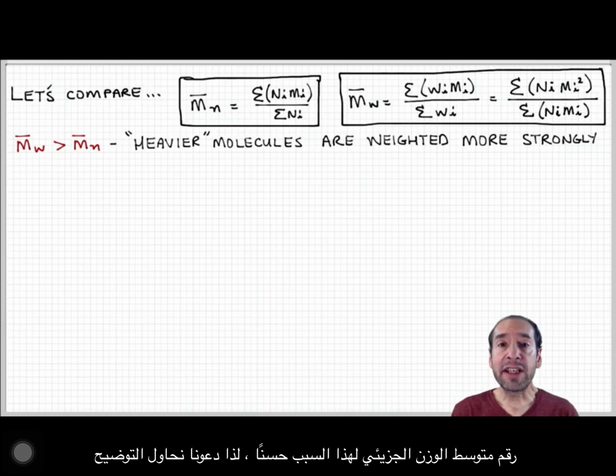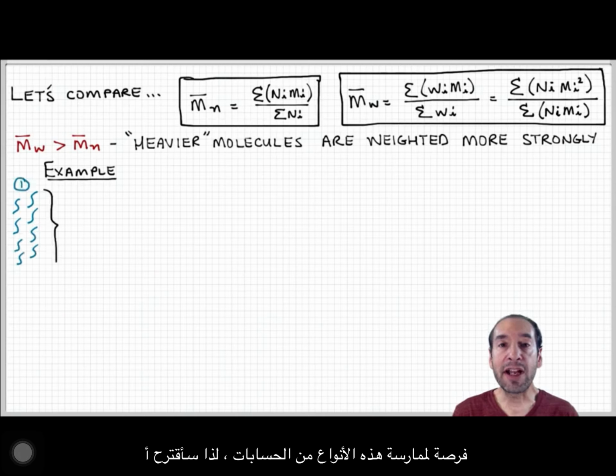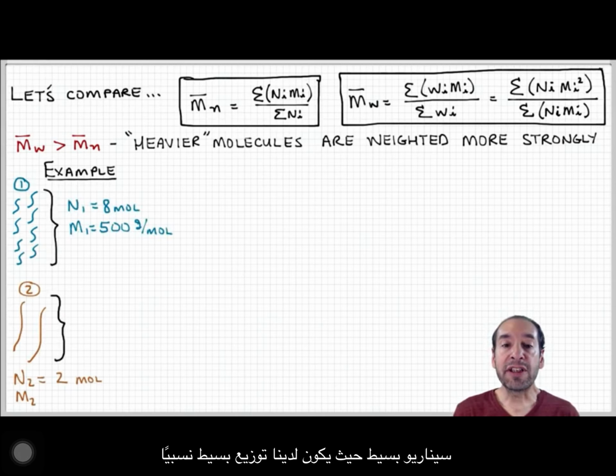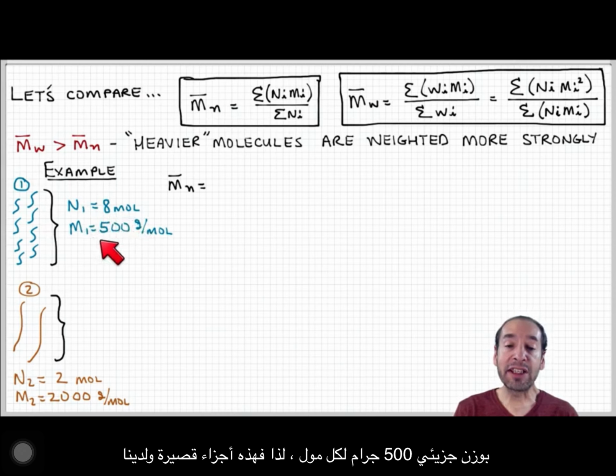Okay, so let's try to illustrate this with a simple example, but at least it will give us an opportunity to practice these kinds of calculations. So I'm going to propose a simple scenario where we have a relatively simple distribution. Say we just have two components to our distribution function. One component has a molecular weight of 500 grams per mole, so these are short fragments, and we have 8 moles of those.